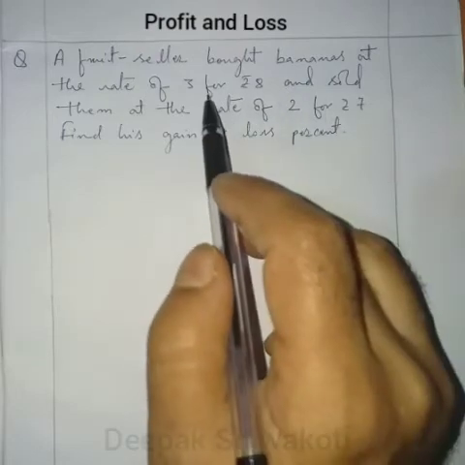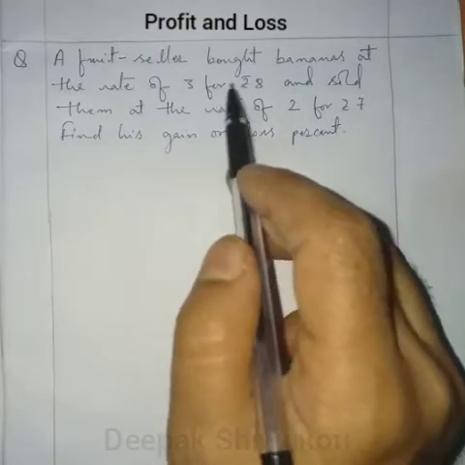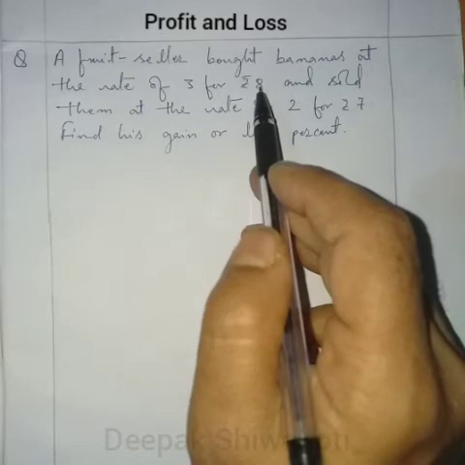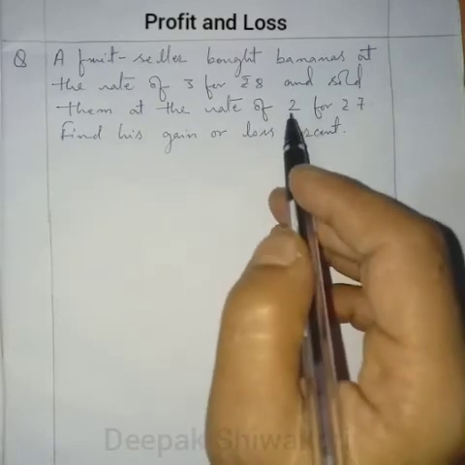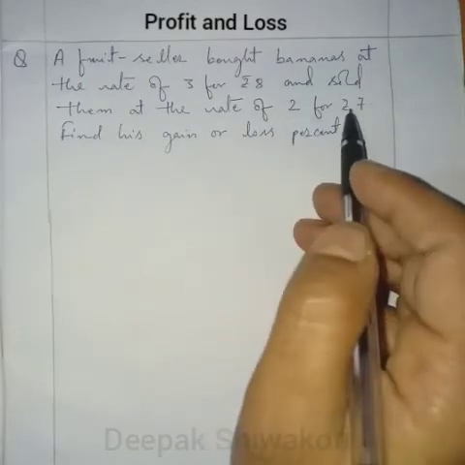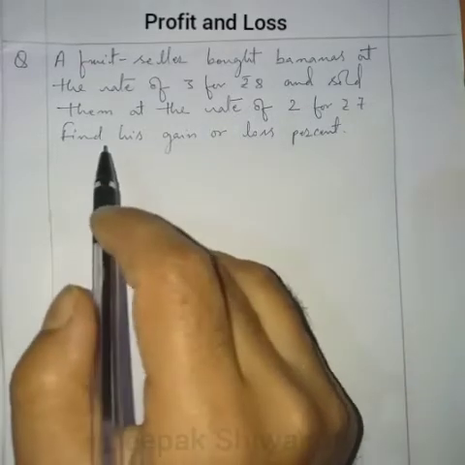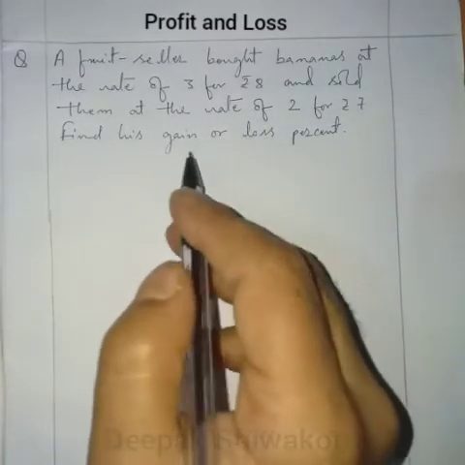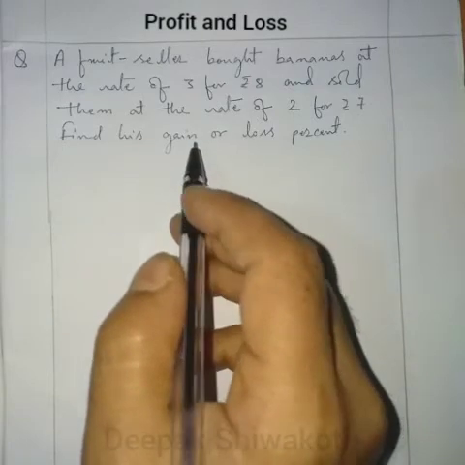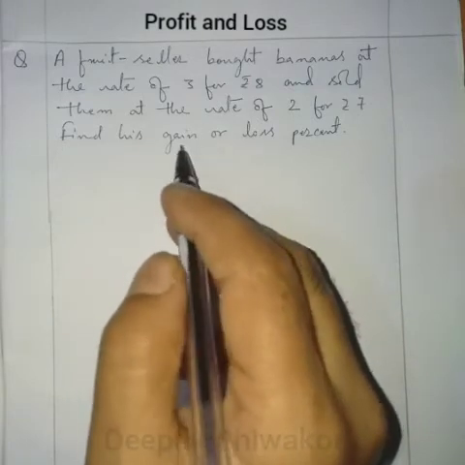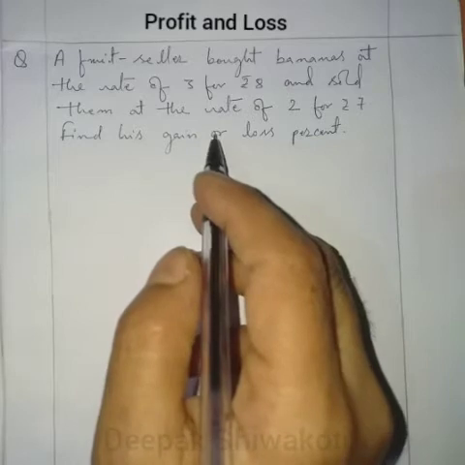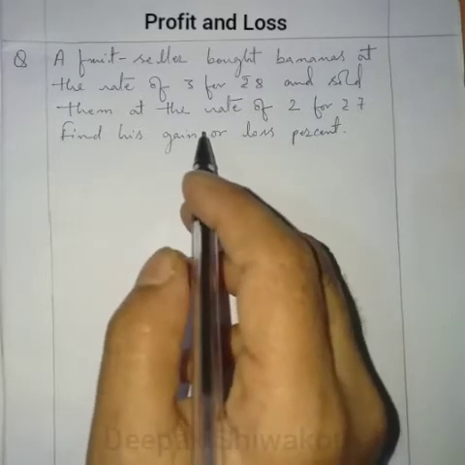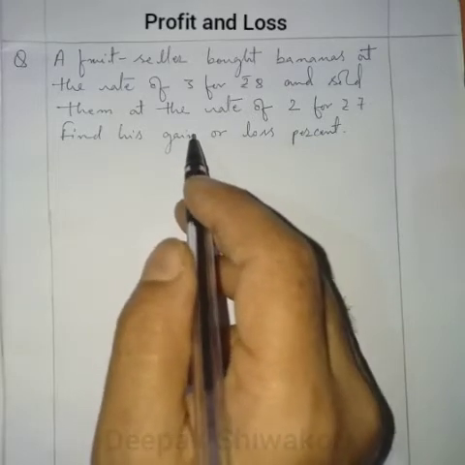He bought 3 bananas giving 8 rupees, and he sold 2 bananas receiving 7 rupees. So here the question is find his gain or loss percent. First we have to decide whether he has gain or loss, then after we'll find the percent of that particular transaction.